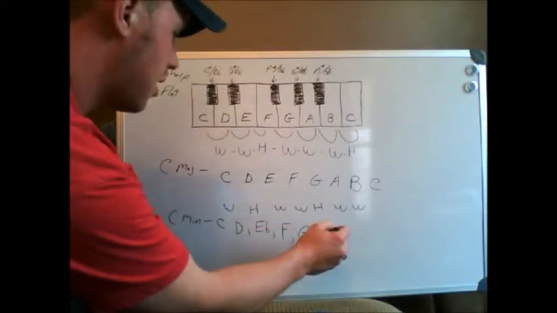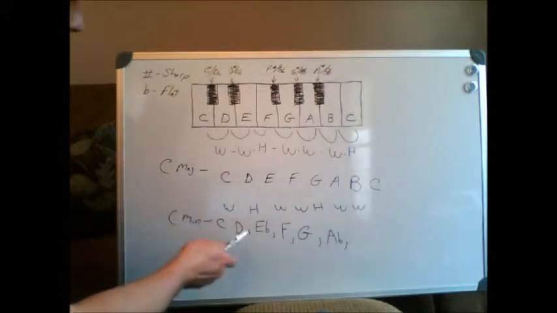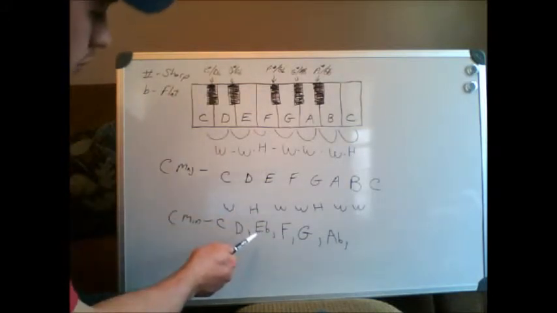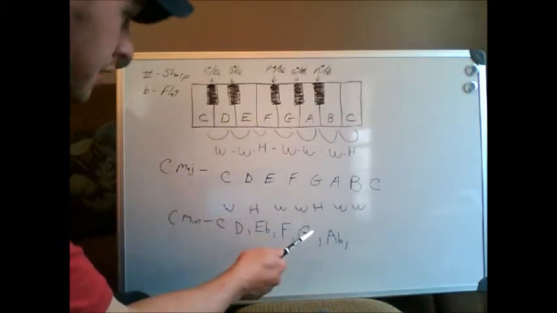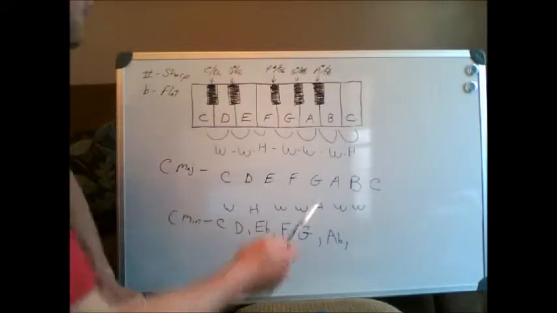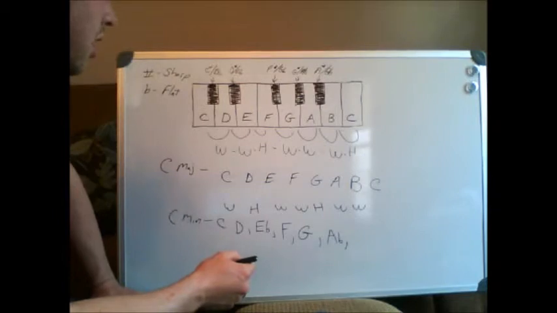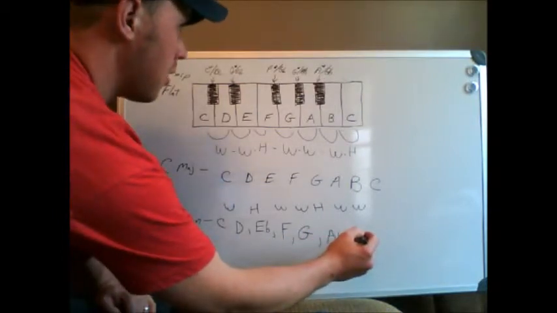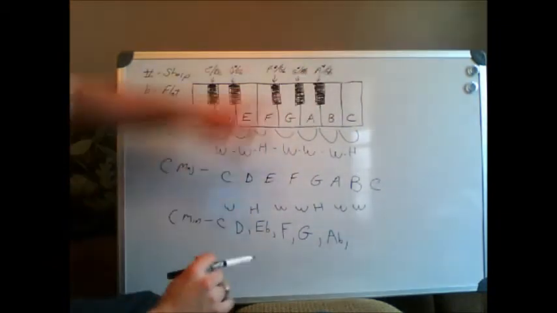Alright. So we have our whole step, we have our half step, we have a whole step, half step, and then from the A flat we go a whole step. I'm sorry, let me take a look at this.